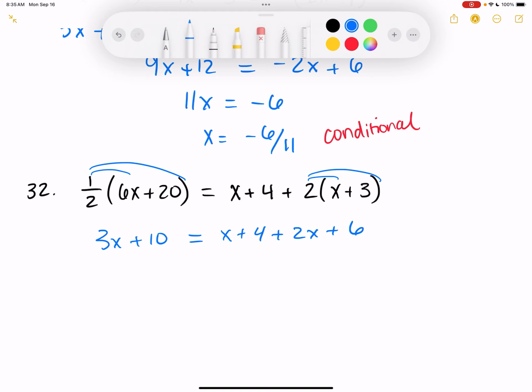I'm going to combine like terms, so I get 3x plus 10 equals 3x plus 10. What do you notice? They're the same thing, so when I move everything around, I'm going to end up with a 0 equals 0 situation, which is what? An identity. As soon as you get both sides being exactly the same, you can say it's an identity, but to really take it all the way, I said 0 equals 0.